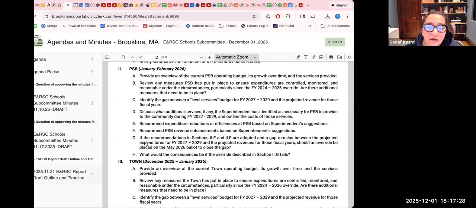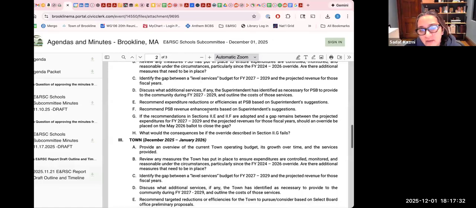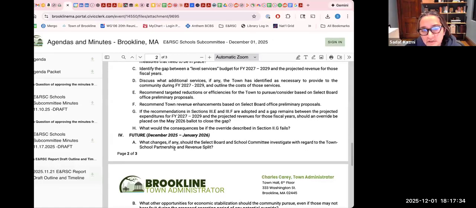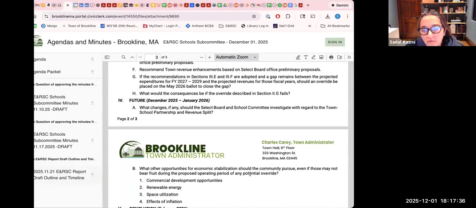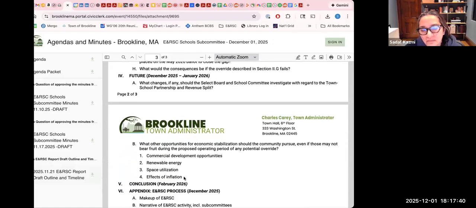I think the things that are outside of the 3-year time horizon would go in the future section. Other opportunities, this is phrased very much around town. Actually, it has spatial utilization here as well. I think this list is incomplete, but some of those things are in the future bucket.